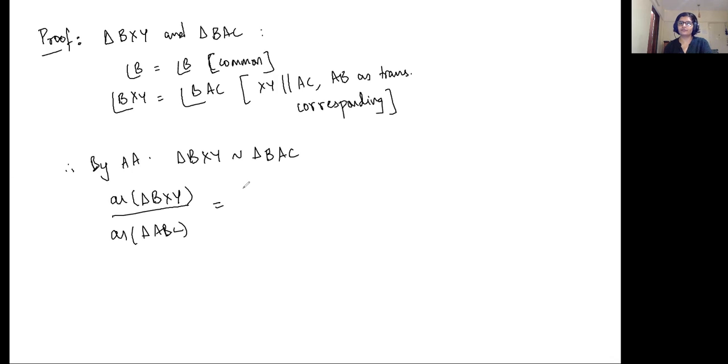Square of BX upon AB, the whole square. Okay, now substitute.